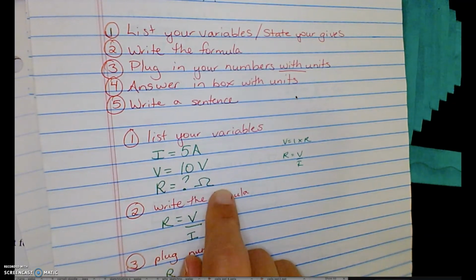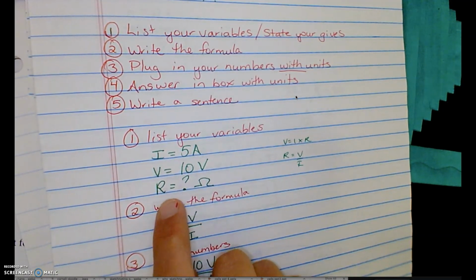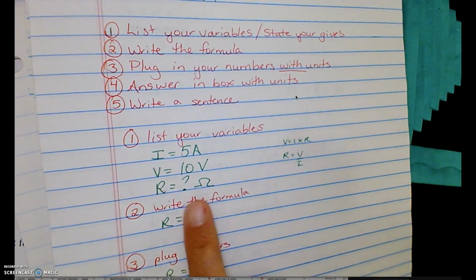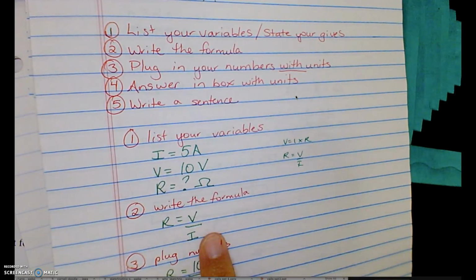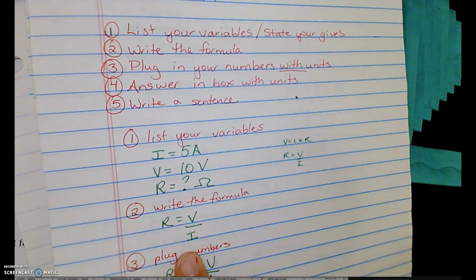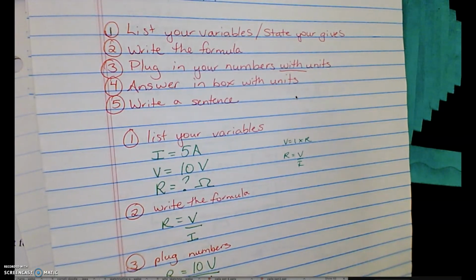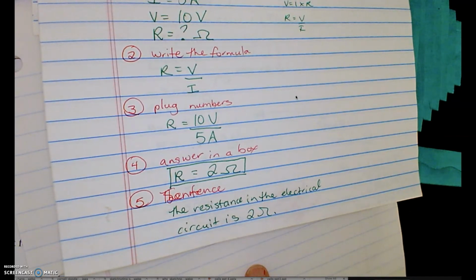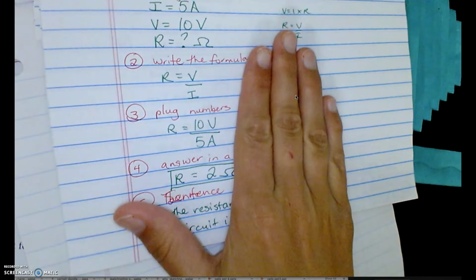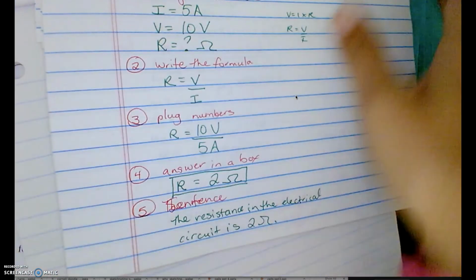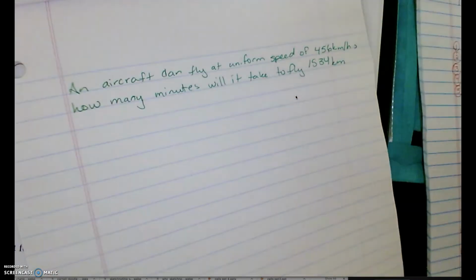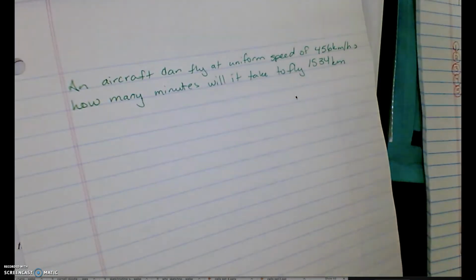And we put the units because we know what we're trying to look for here. Then we grab the formula we need. Resistance is volts over current. Put the numbers in, put the answer in a box, and a sentence just to prove that you knew what you were learning. That was really fast, but we're going to do this each time for our examples, so you'll totally get the hang of it if you felt it was way too fast.